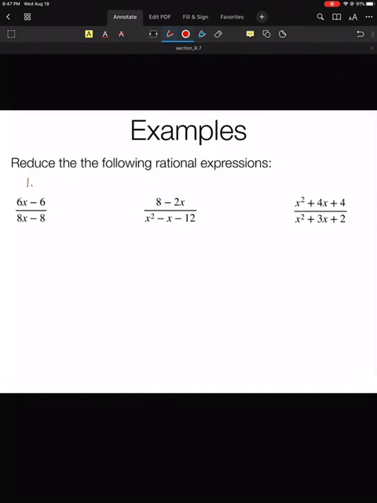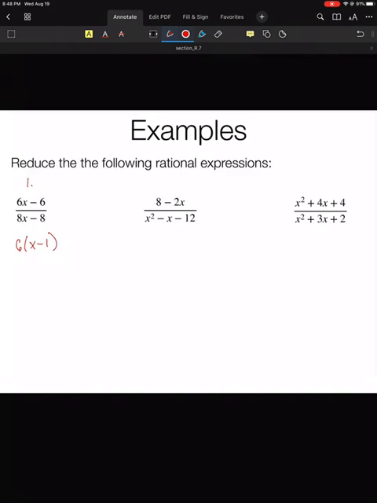So in this first one, if we look just at the top polynomial, we see 6x minus 6. There's a 6 common to both terms, so I can rewrite that as 6 times the quantity x minus 1. That's using the distributive rule backwards, sort of. So I pulled the 6 out instead of distributing through.